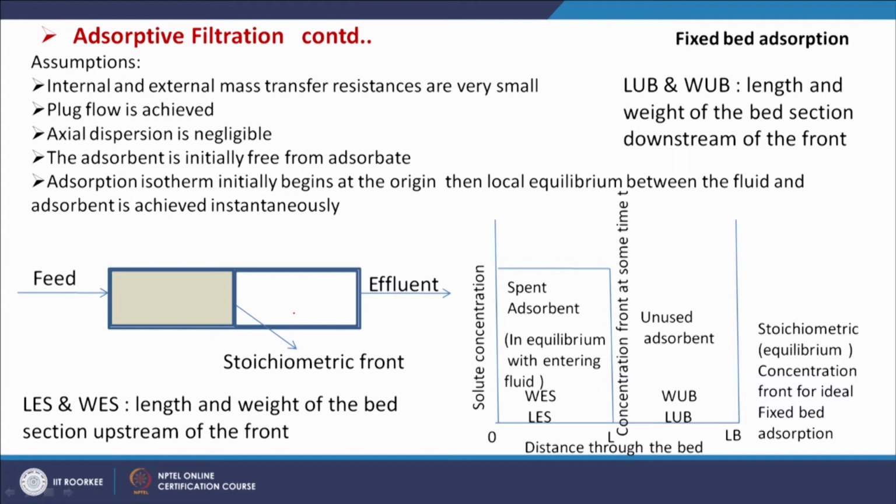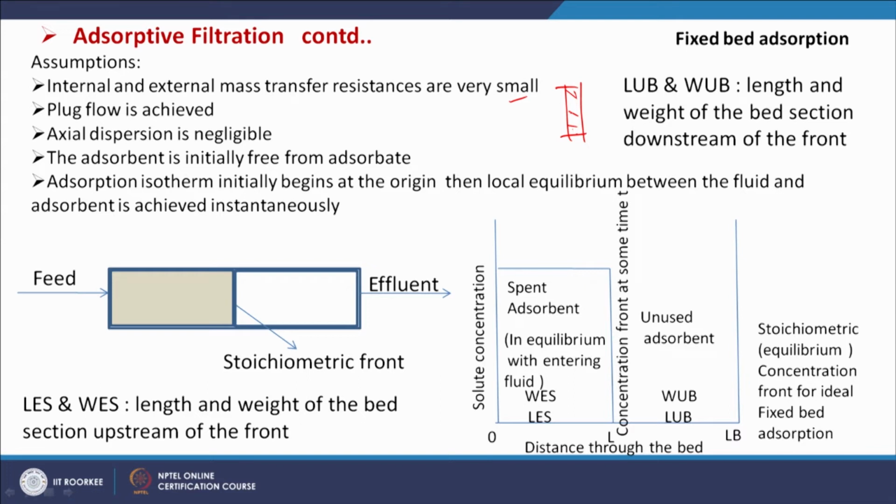Now, you see, we have to make some assumptions to simplify the phenomena for the initial understanding. Those assumptions are: internal and external mass transfer resistances are very small. When the water is flowing in this bed, we are assuming that there is no internal and external mass transfer resistance.